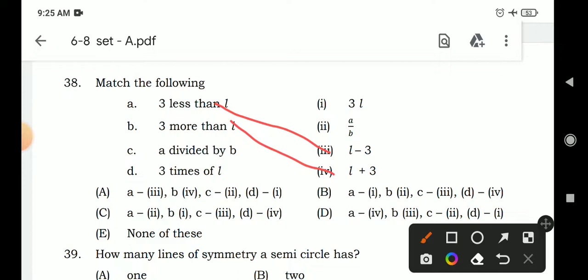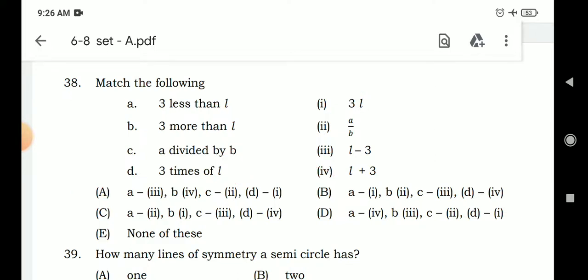L divided by 3 is the second option. 3 times L is the first option. From these given options we will select which one is correct. So option A is the correct option. All matching is according to option A.